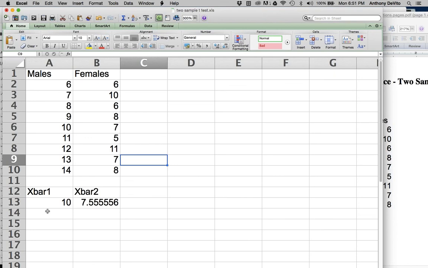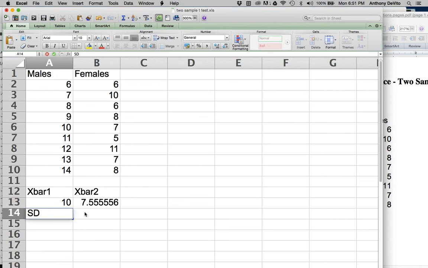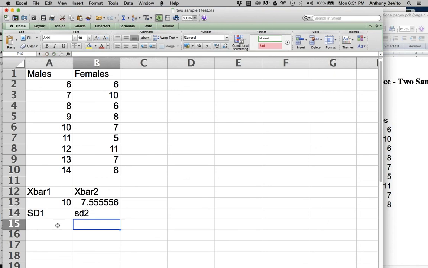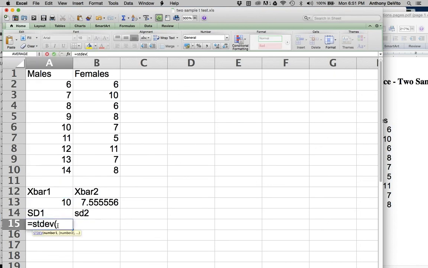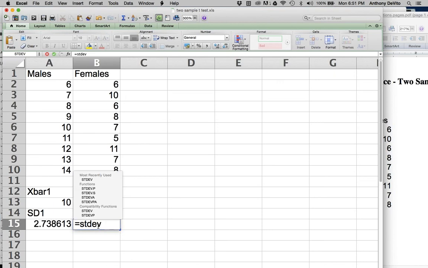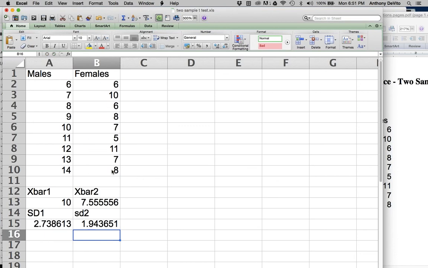Let's find the standard deviations of these two groups. Standard deviation 1, standard deviation 2, is equal to standard deviation, parentheses, of this group.